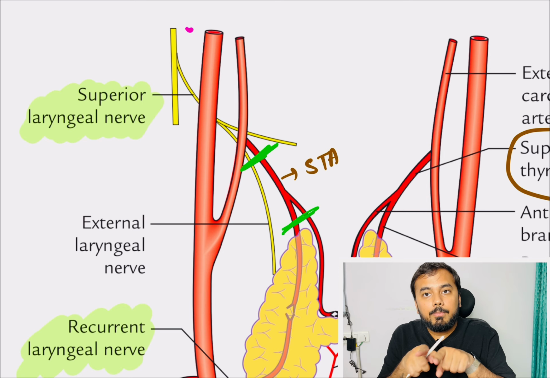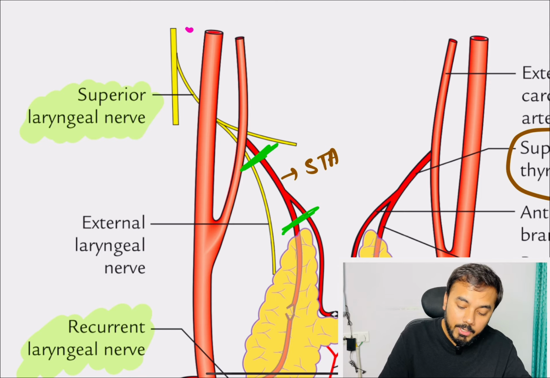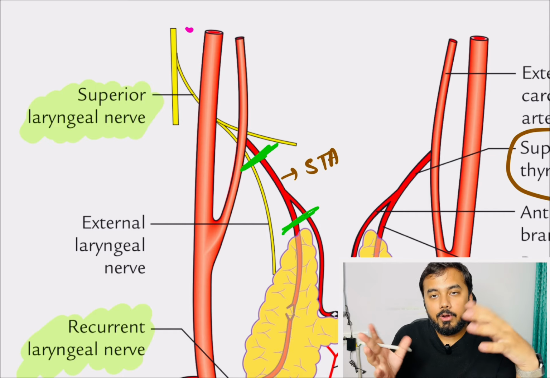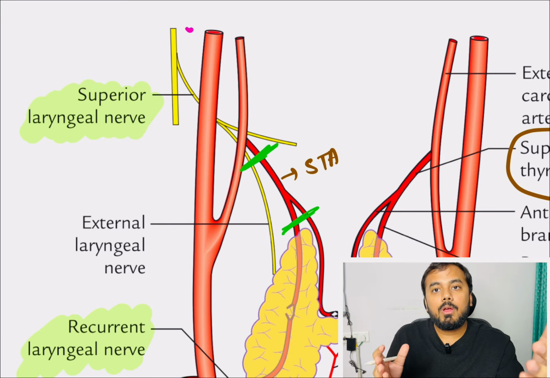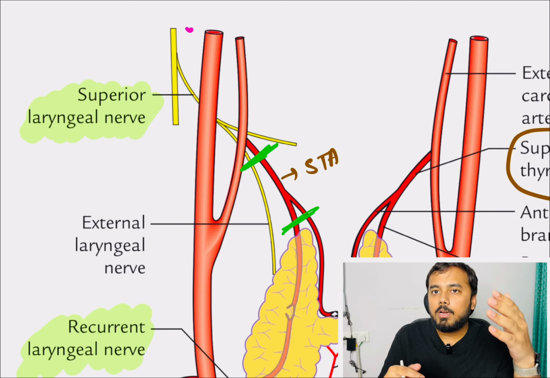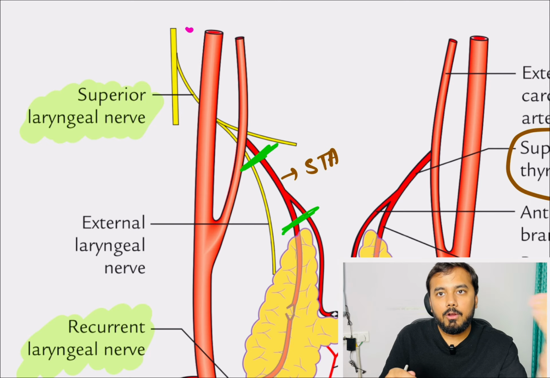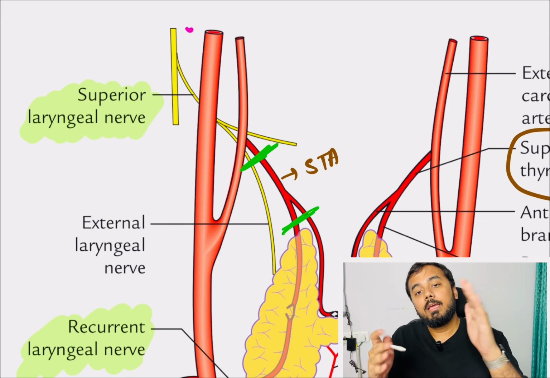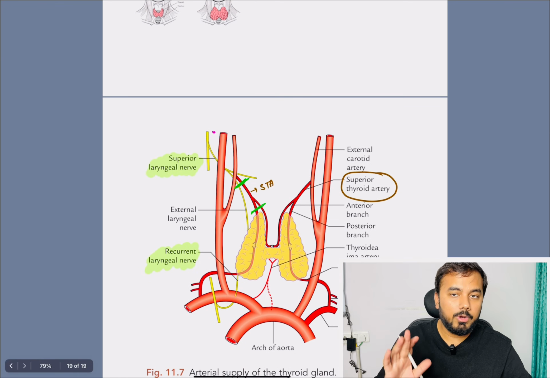But as the gland is approaching, both of them got separated, so it is better to clamp towards the gland, or near to the gland. So always remember, in thyroidectomy, they will ask you this question: where will you clamp the superior thyroid artery? Away from the gland or towards the gland? You have to clamp it near to the gland. That is a very important thing.